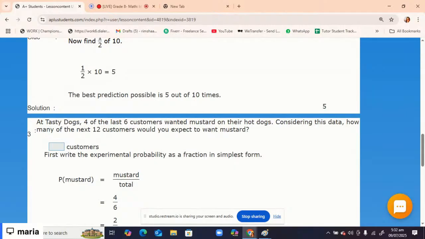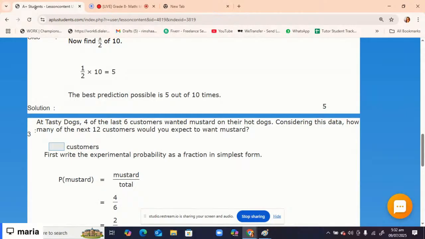How many customers would you expect to want the mustard? Because they are saying that 4 of the last 6 customers. How many total customers? 6. And how many of them, 4 out of 6?